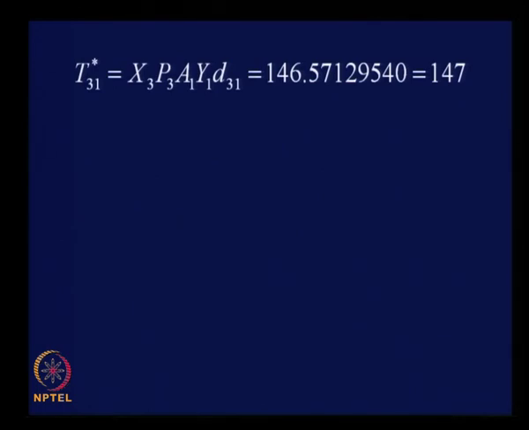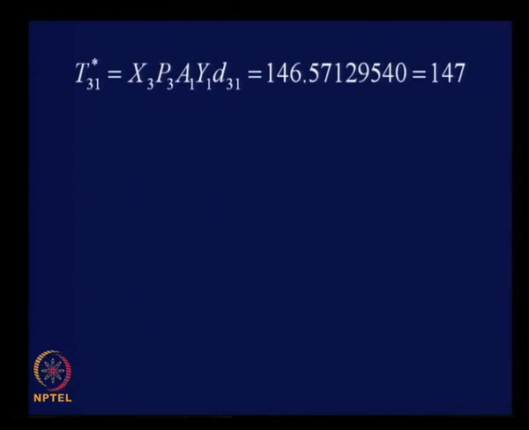So, what we do is I am just giving you the result only, not the details of calculation. Only thing is to emphasize the point that we cannot have fractions in the final result. I have rounded off the value to the nearest whole number. We are getting 146.57129540 and so on, and we just round it off to 147.